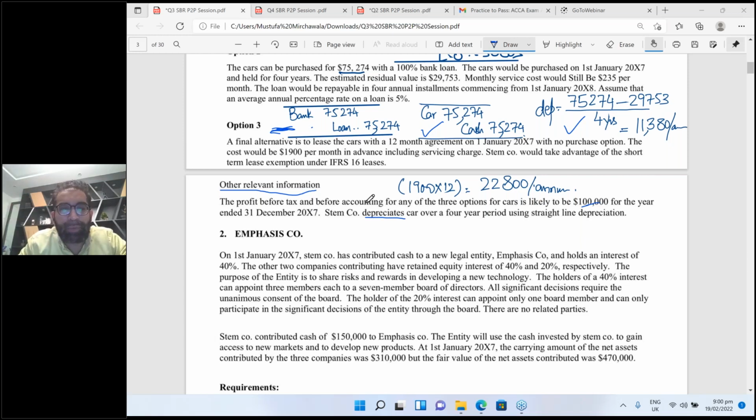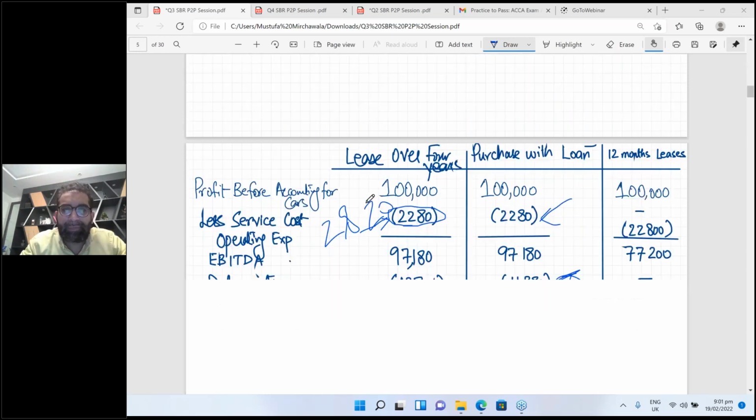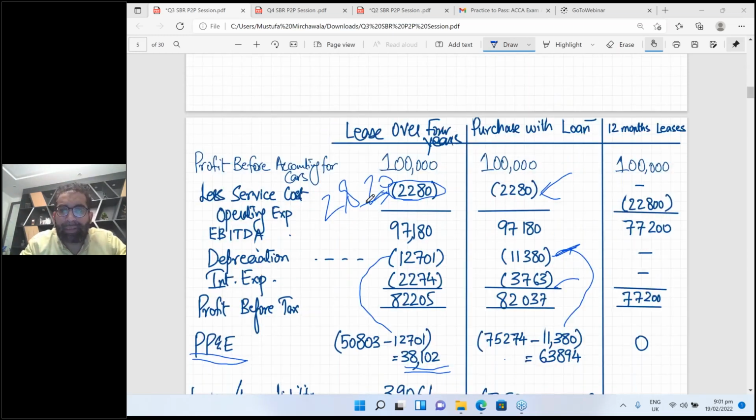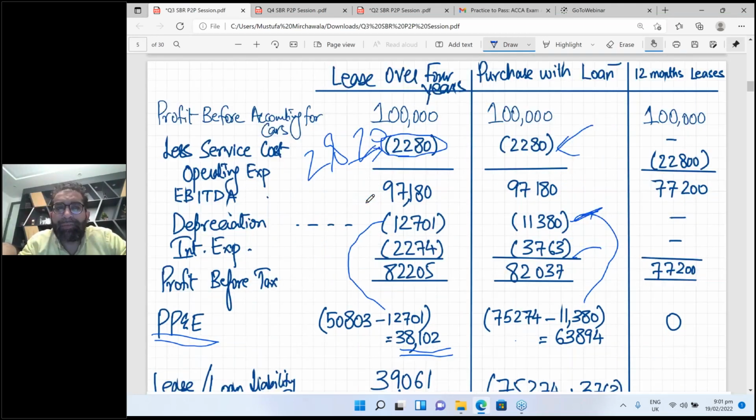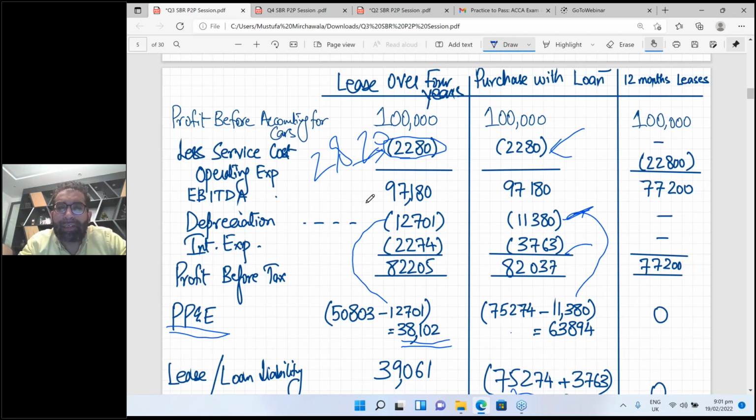So let's move to this third part. See, in the third column, look here. Profit before accounting for all cars was 100,000, and you simply deduct the operating expense in one shot. You have only operating expense, no depreciation, no interest, nothing. So in one shot you deduct 22,800. So your EBITDA is 77,200.